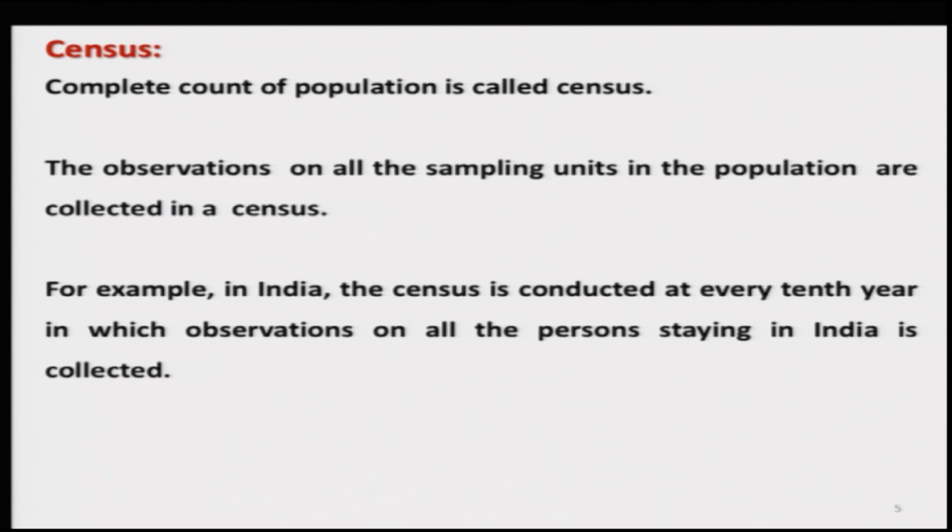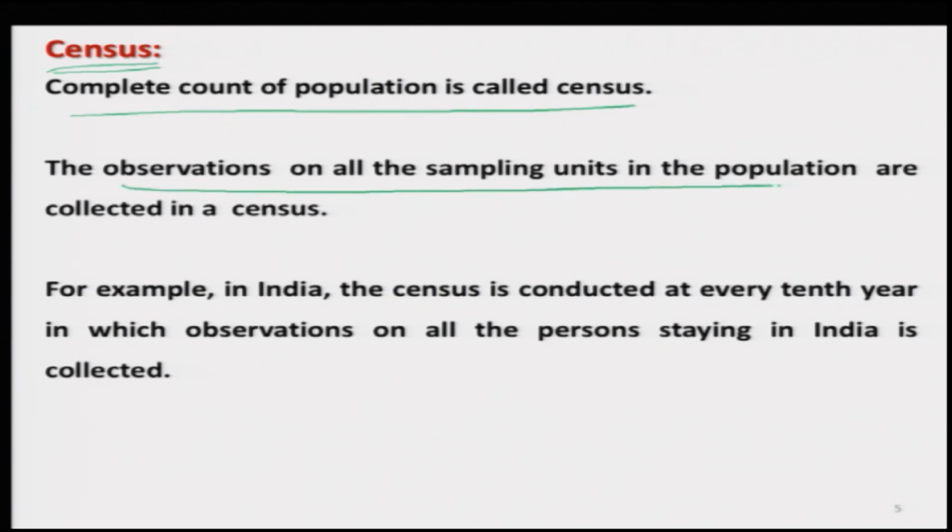Now, the next topic which I would like to address is census. What is census? This is the complete count of the population, and when we conduct the census, all the units are considered and the observations on all the sampling units in the population are collected.